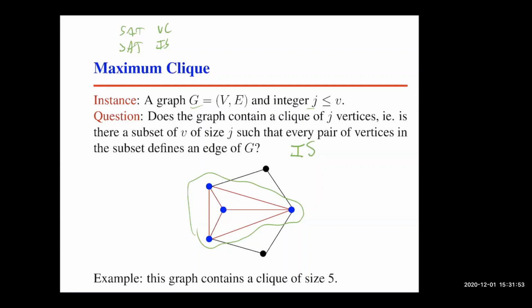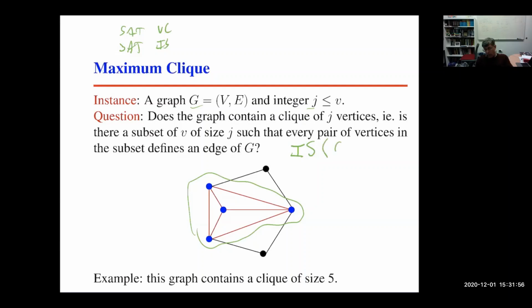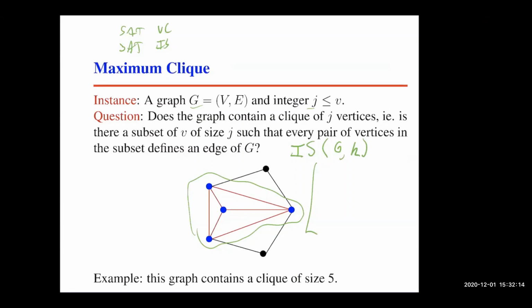So now I understand why you want to do that. It looks like G, K. If we want to prove clique is hard, what is Bobilli going to be? What problem is Bobilli going to be? The maximum clique problem. Clique.